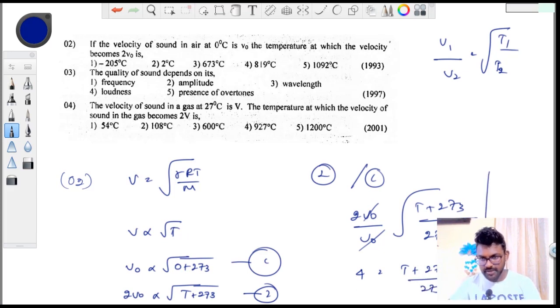Pretty straightforward simplification. I can cross multiply this 273 to this side, so it will be 4 times 273 equals T plus 273. So 273 can go to the other side, then it will be 4 times 273 minus 273, which is T equals 3 times 273.